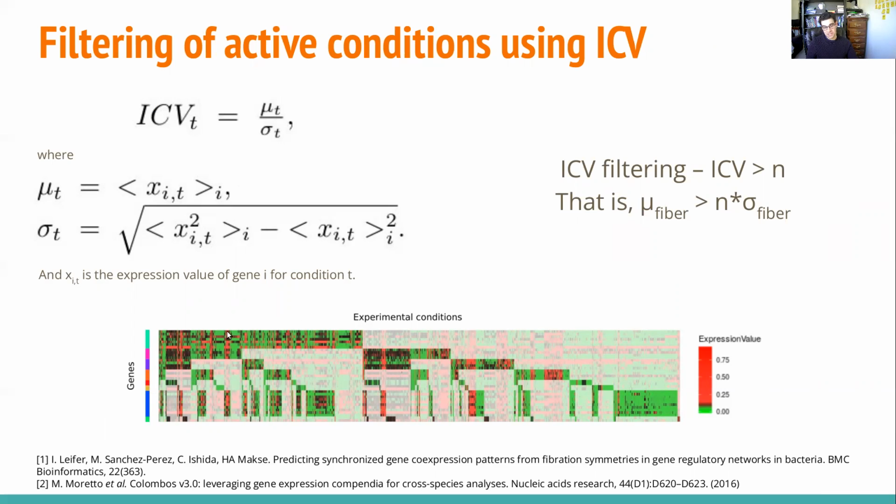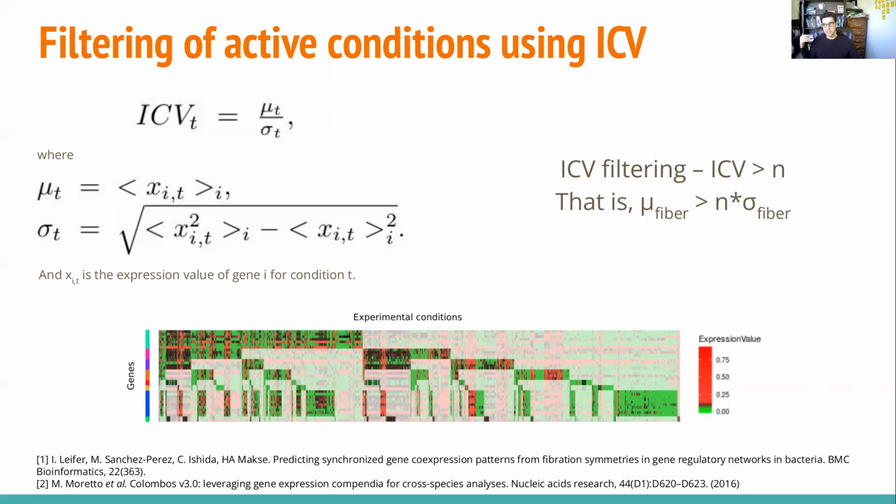So each column is a condition, each row is a gene. We take one condition for the gene, and we check what's the average correlation in this condition and what's the standard deviation of this condition. We take conditions for which the mean is higher than a few standard deviations. What does it mean?